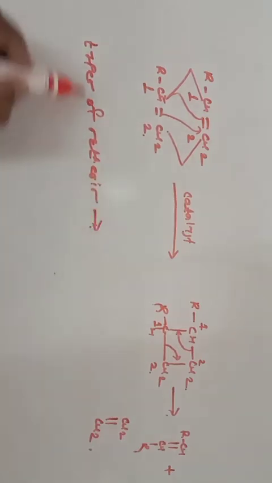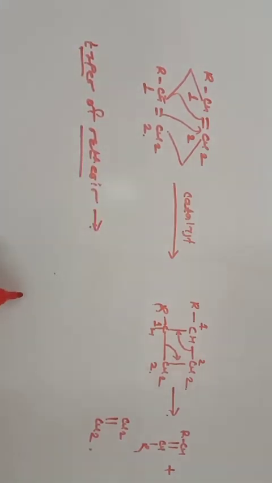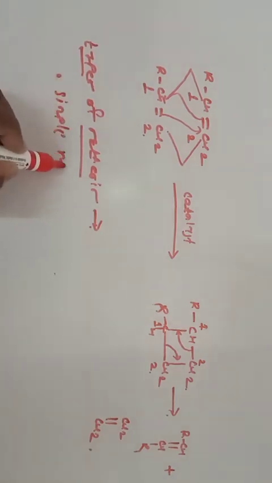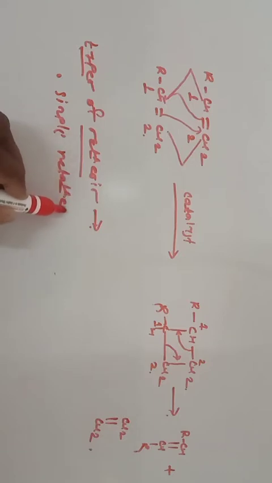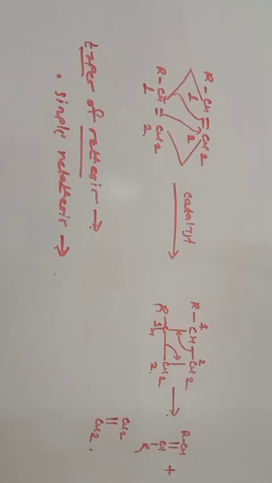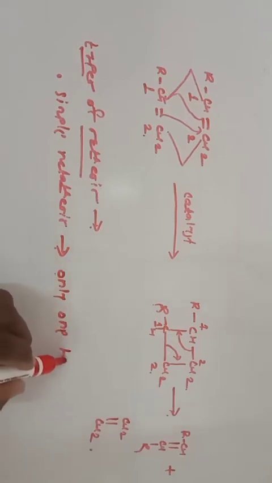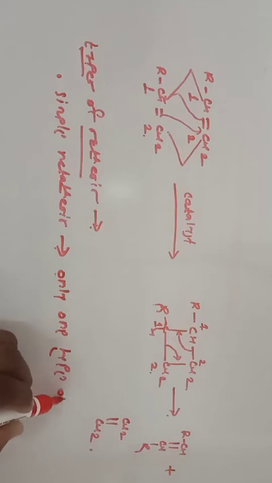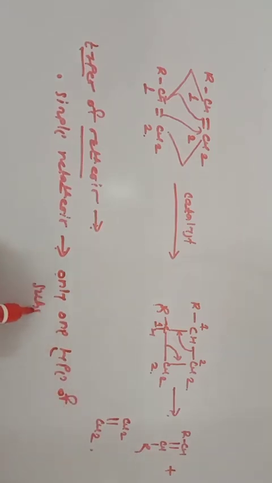Types of olefin metathesis. The first type is simple metathesis. We already saw an example of it. A metathesis reaction that involves only one type of substrate is called simple metathesis.